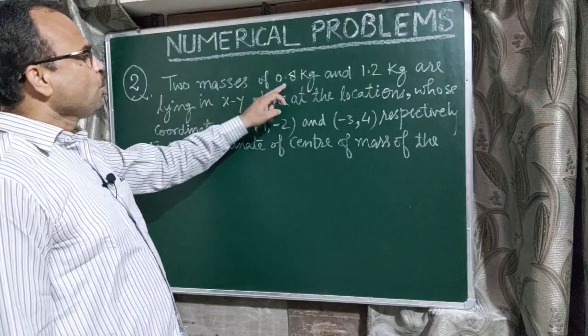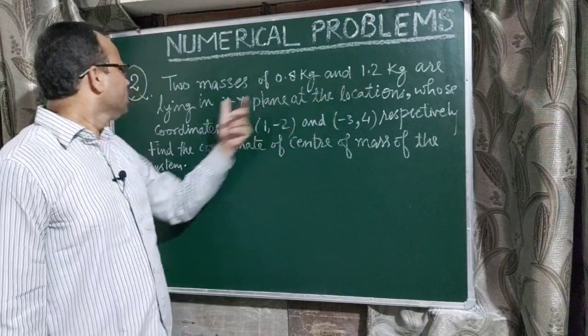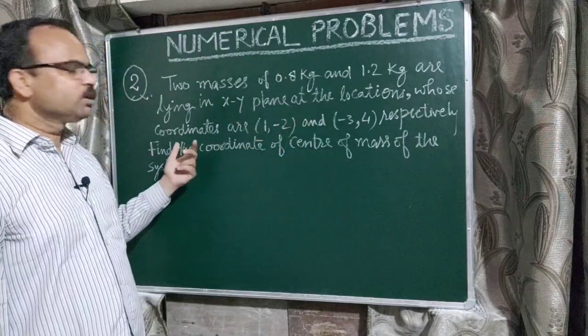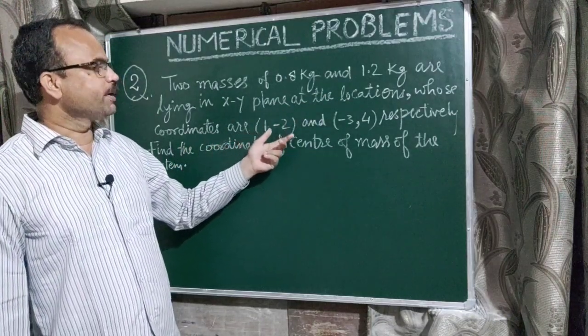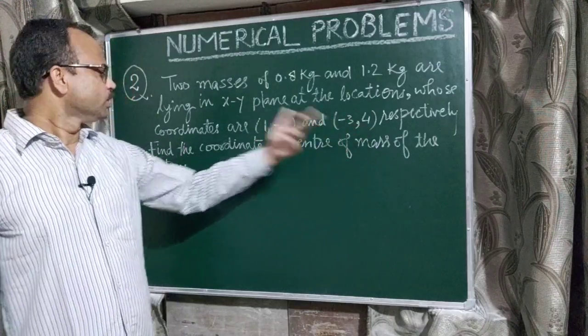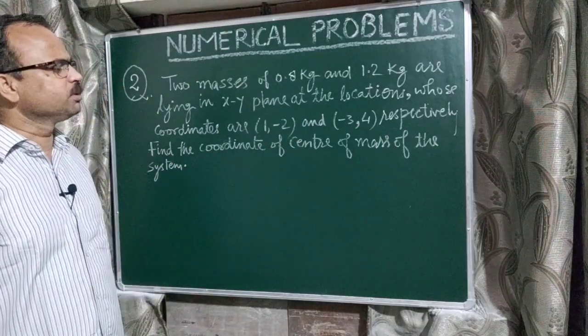Two masses of 0.8 kg and 1.2 kg are lying in the xy plane at locations whose coordinates are (1, -2) and (-3, 4) respectively. We have to find the center of mass of the system.